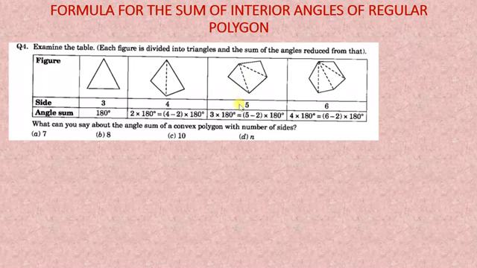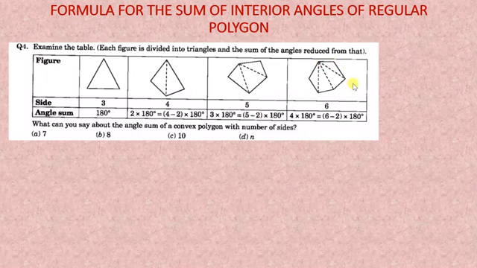But we have to have a correlation with its number of sides. So this 3 can be written as 5 minus 2.